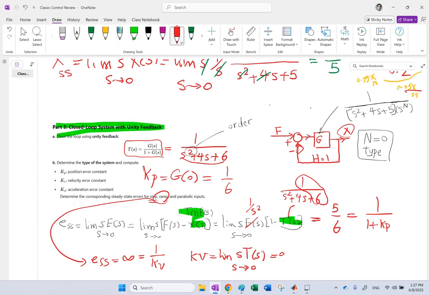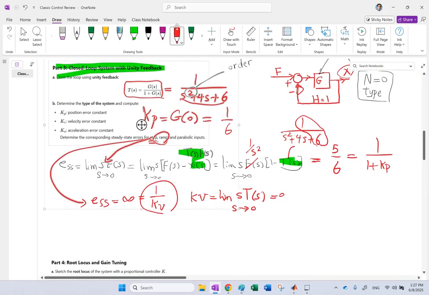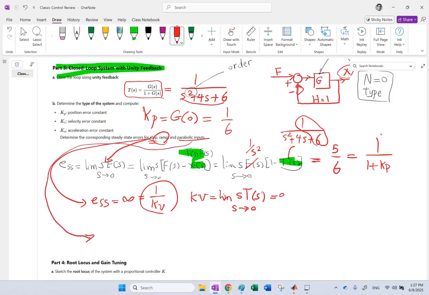In other words, the system cannot follow a ramp input with even a constant error. The error is going to get bigger and bigger. And the same thing goes for the acceleration. For acceleration also, or parabolic input, where this here is going to be 1 over s cubed or 2 over s cubed, the result is the same.